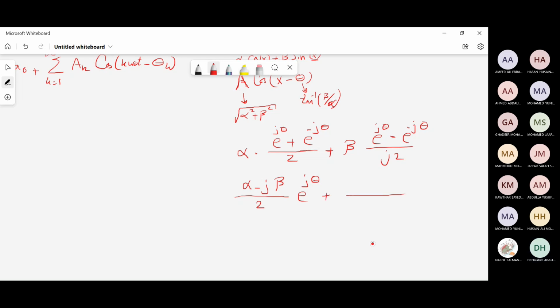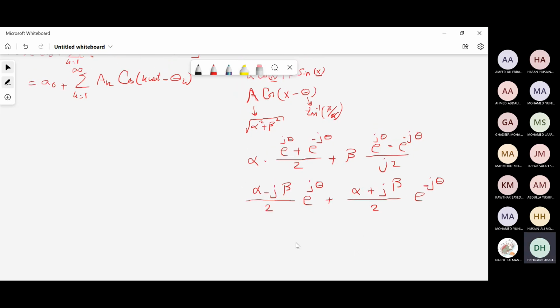Similarly, if you take e to the power of minus j theta as common, then from here you have alpha over 2, and from here it is minus beta divided by j2, which is equal to plus j beta over 2.